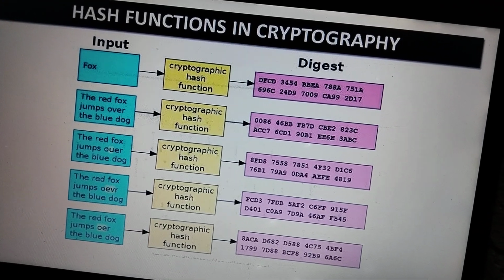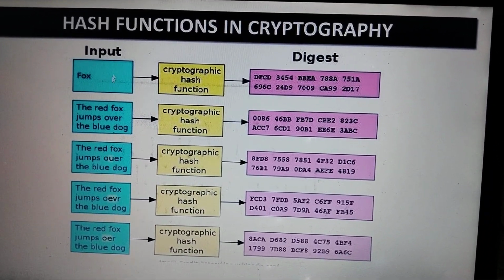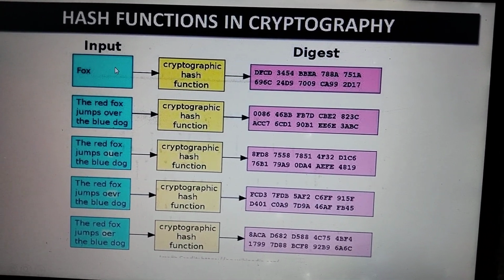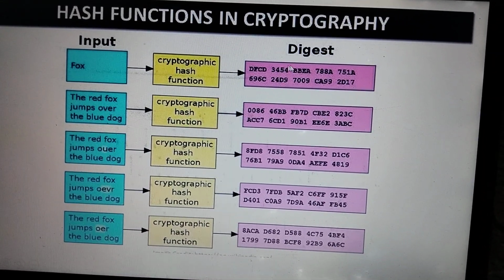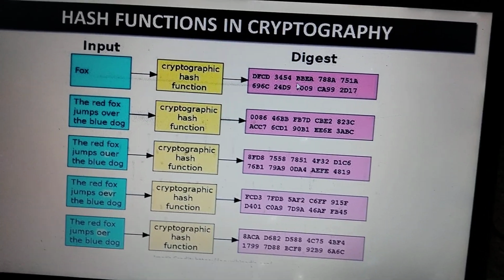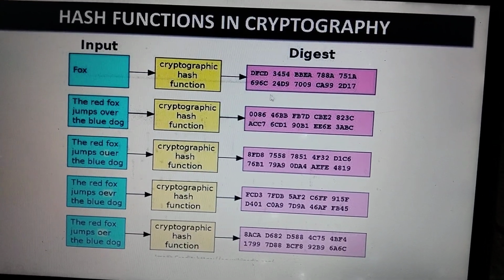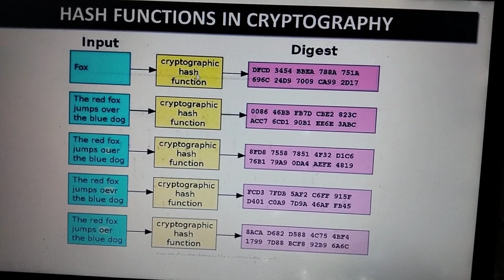So what the hash function does is, whatever size of input we are giving, it will be converted into a fixed length message digest as the output. So how we are getting the message digest as a fixed length output is with the help of the hash function.